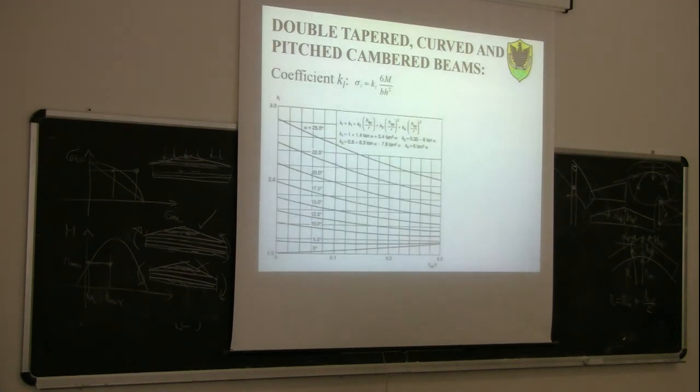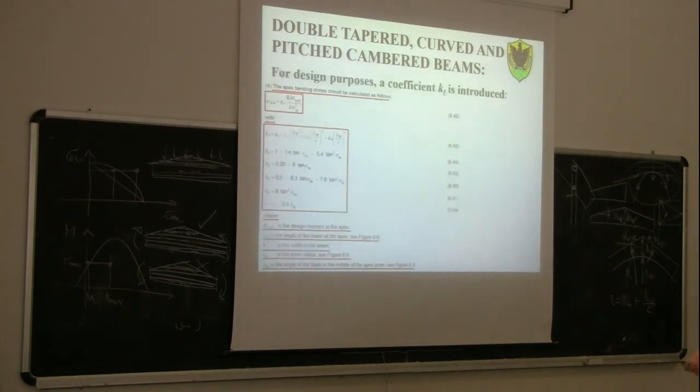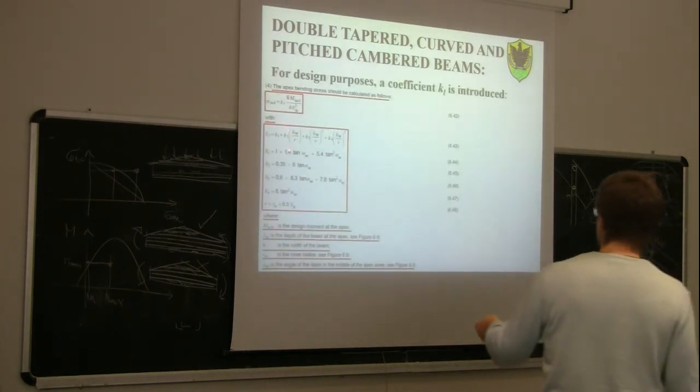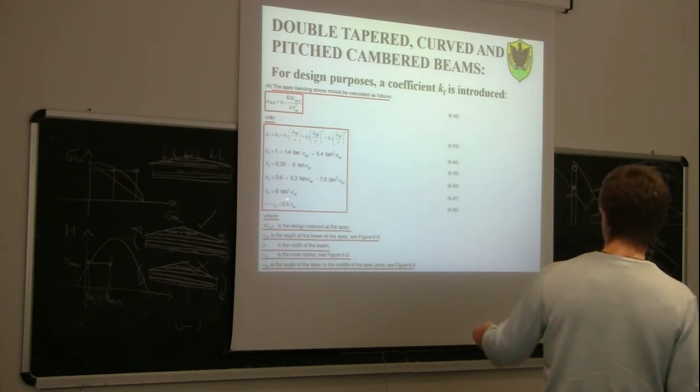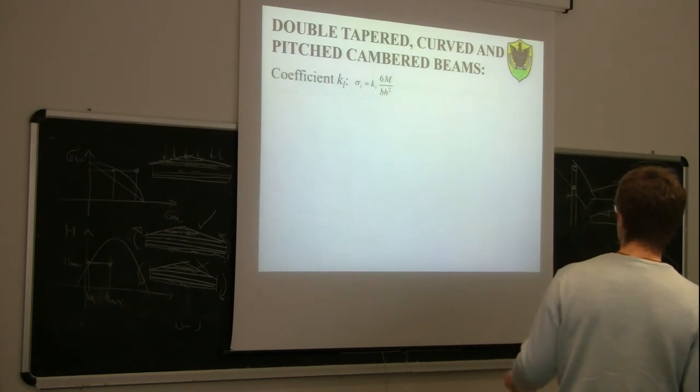So, if we plot those functions, as we said before, we have kl. Kl is a function of this ratio h ap over r. It's also a function of alpha ap.